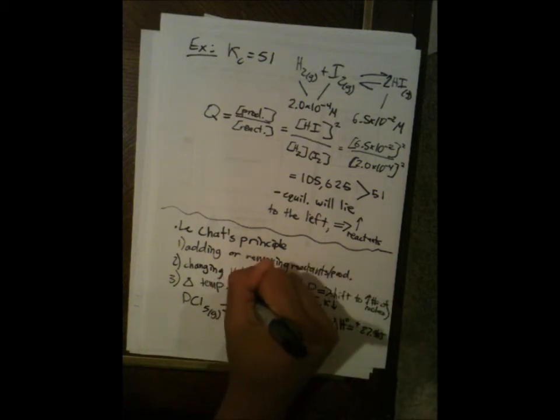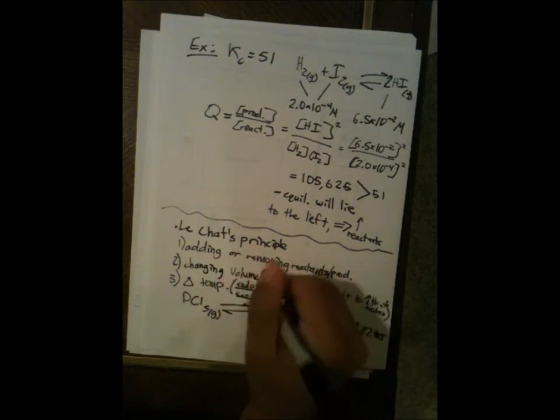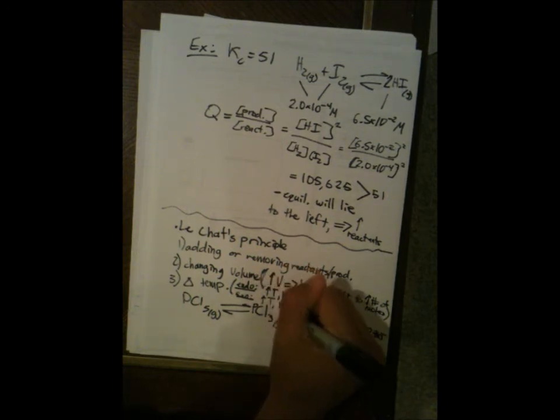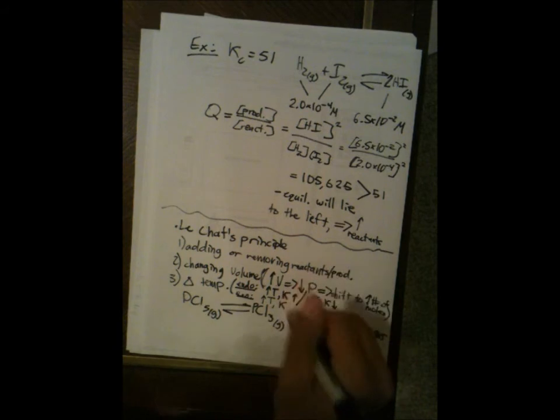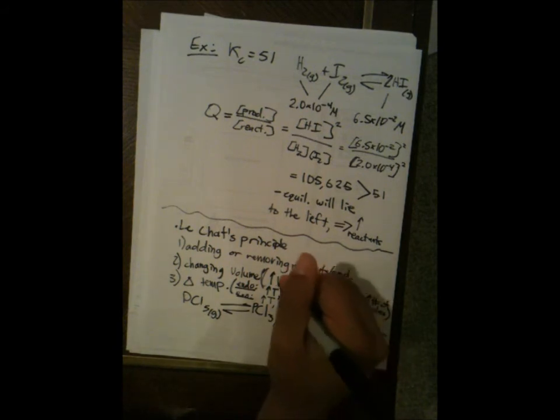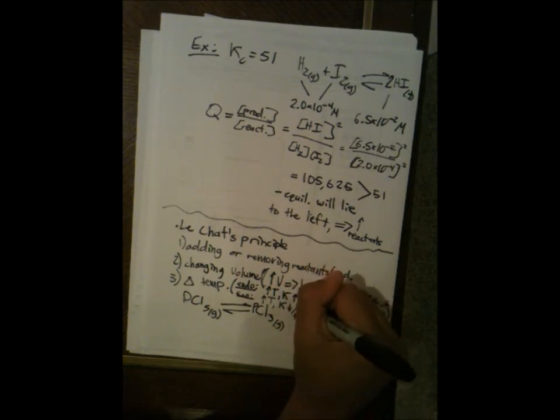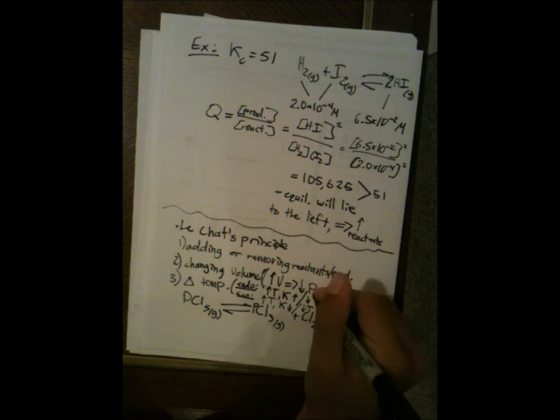But when it's exothermic and you increase the temperature, K will decrease. But then when you decrease the temperature, K will increase. Sorry, it's really hard to see that writing.